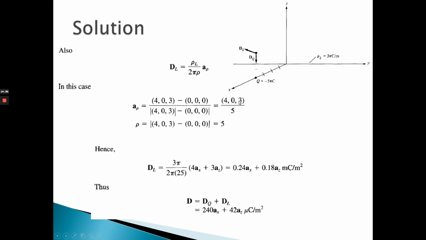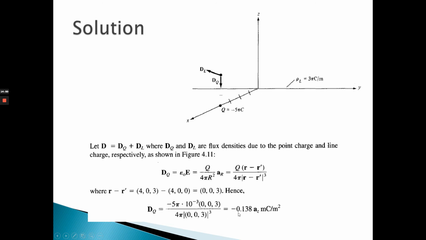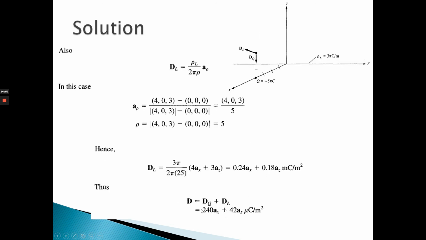So this is the rho vector, and this is the value of that rho vector. We get it from here, 5, and then we put dL equal to this. Once we add this with this, we get this value. So that's how you can write it.